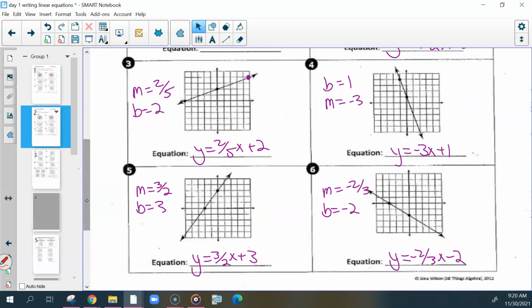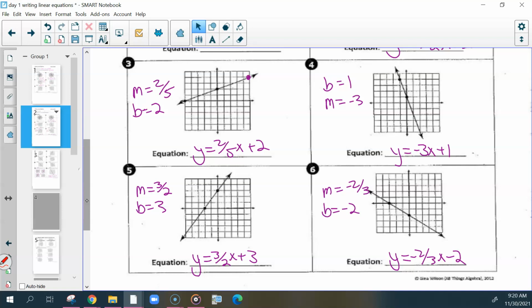Number 4, the y-intercept was 1, the slope was -3, so your equation was y equals -3x plus 1. Number 5, the slope was 3/2, your y-intercept was 3, so your equation was y equals 3/2x plus 3.